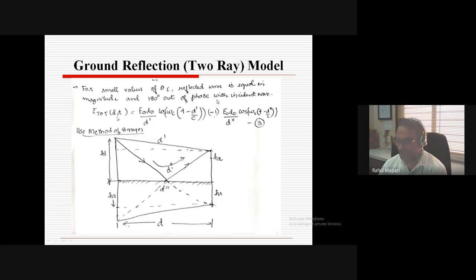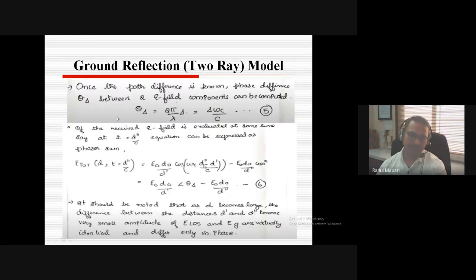Now here, for simplification, we assume that the received electric field, means the total electric field, is calculated at a particular time, say T is equal to D double dash by C. Okay. Now, when T is equal to D double dash by C, then what happens with the total electric field equation?